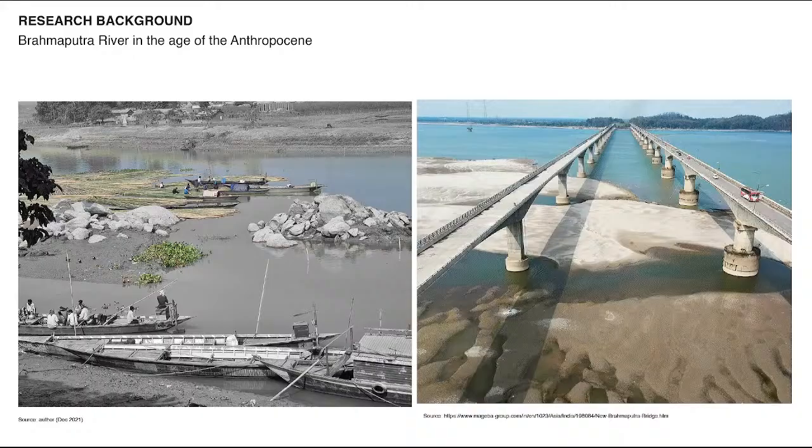This is one of them, in lower Assam, which promises all-weather connectivity between the north and south bank. These two images highlight the tension between, on one side, the traditional livelihoods on the Brahmaputra that accommodate the flux, and on the other hand, the contemporary projects that risk erasing these adaptive ways of living with the river.